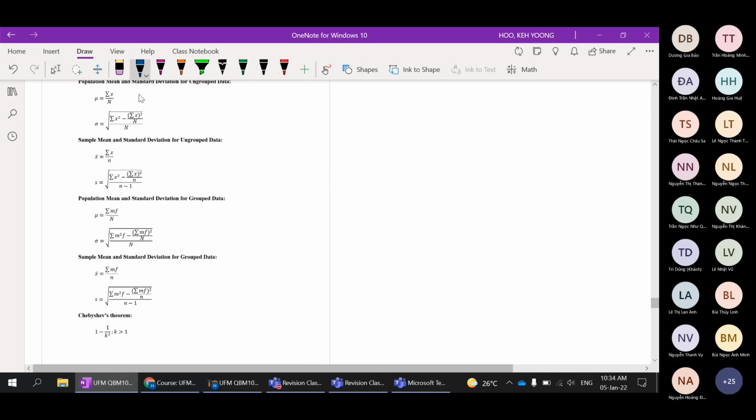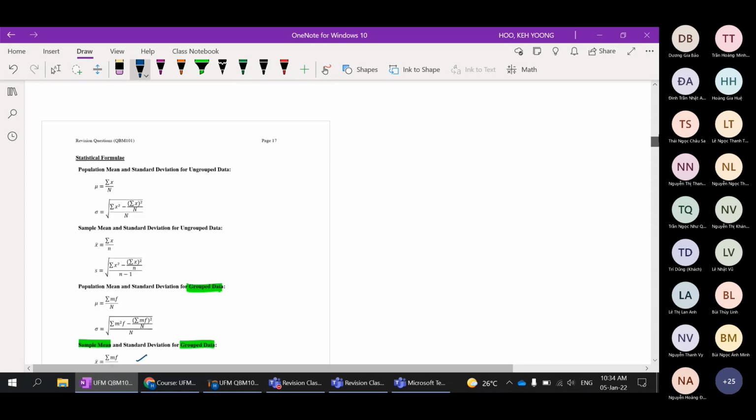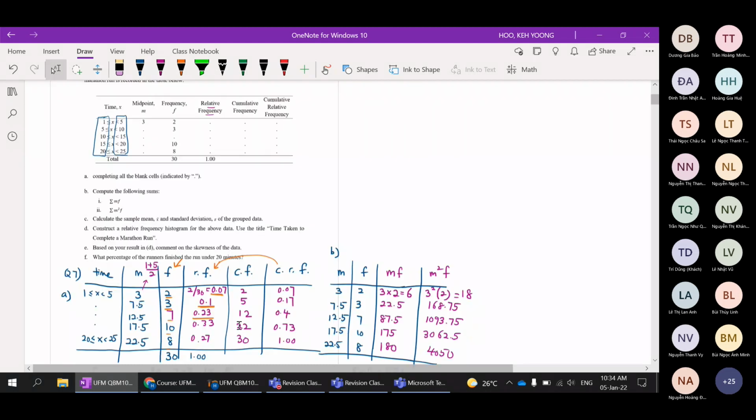For group data, are we having the population data or the sample data? This is a sample data, so we will use these two formulas. Total MF and total M square F, we have found in question B already, right? So move it back to the questions.